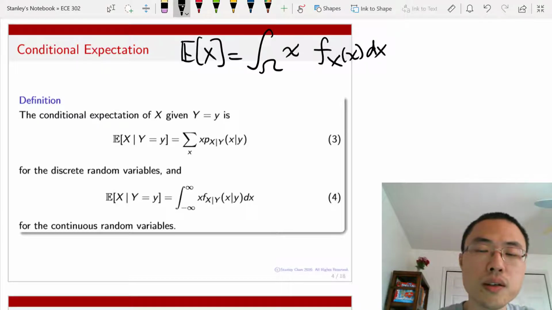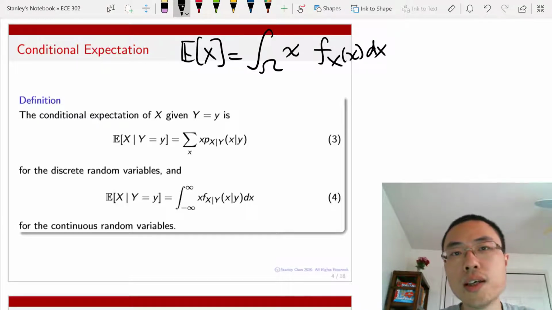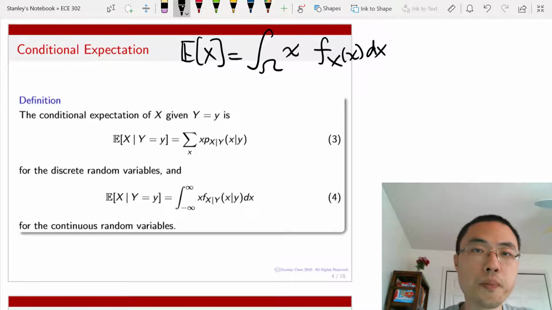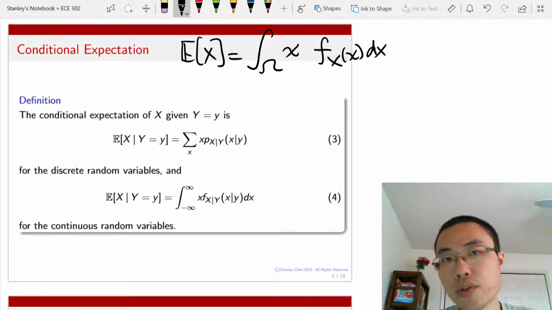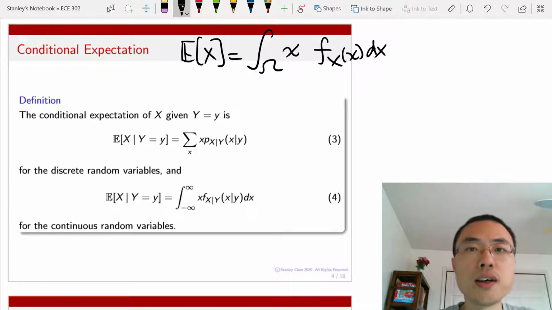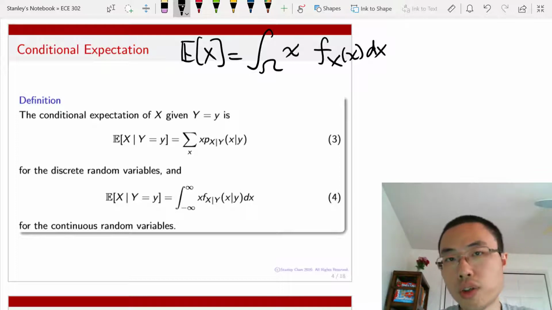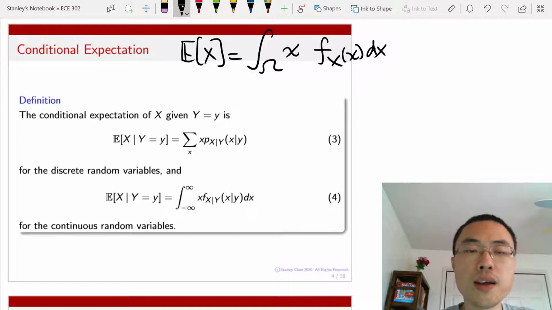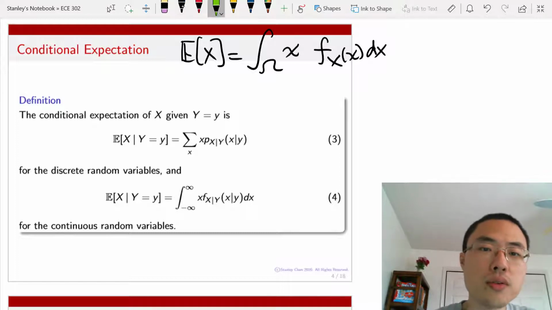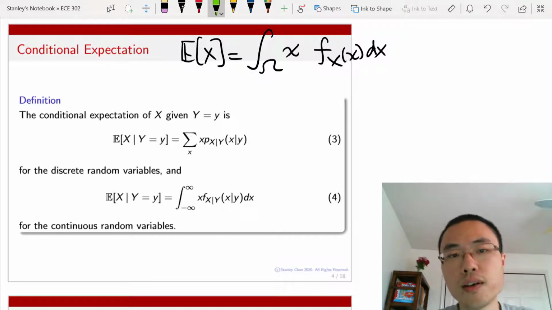If you try to calculate the conditional expectation, which is the expectation of x conditioned on the fact that the other variable y is restricted to a certain value, then we should expect to see a similar formula as in the ordinary case.